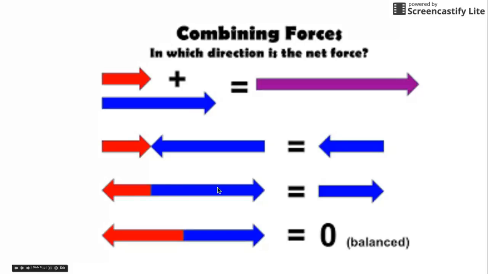Same here when you have two things being pulled apart. The stronger force, or this blue force, shows the direction it would go and the difference between the two. And we have our balanced force where both are the same. You can picture this bottom one like a game of tug of war.